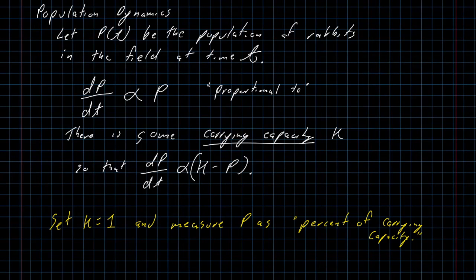So let's set K equal to 1, and we're going to measure P as the percent of carrying capacity. So instead of the number of rabbits, what percent of the maximum number of rabbits do we currently have in the field?